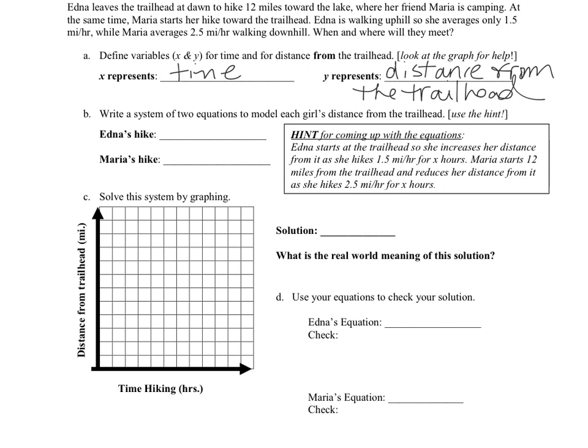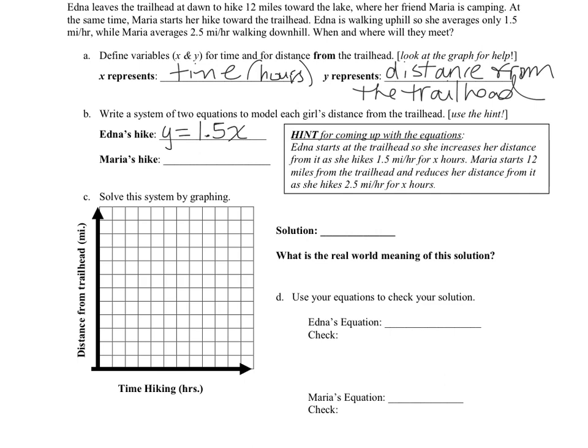So her equation would be her distance, y, equals 1.5x, because x stands for how long she's been traveling, right? She's going 1.5 miles every hour. So x is time, and we could up here specifically say x is time in hours, right? Because she starts at the trailhead, her y-intercept is 0.